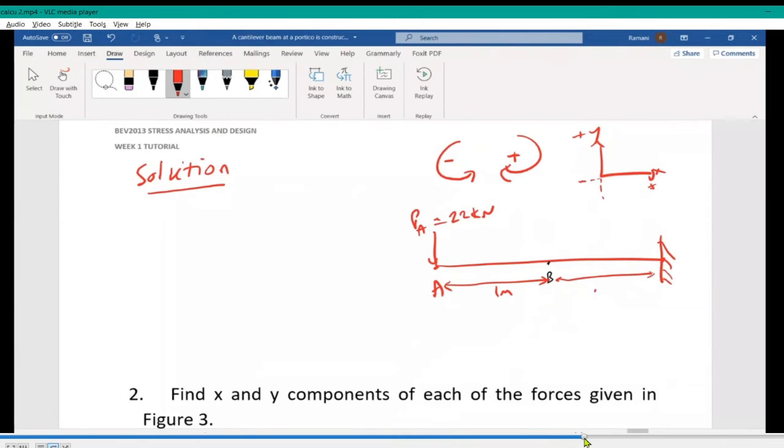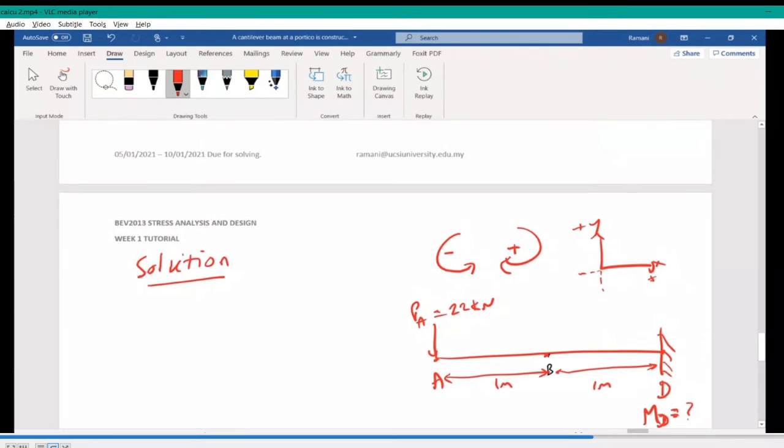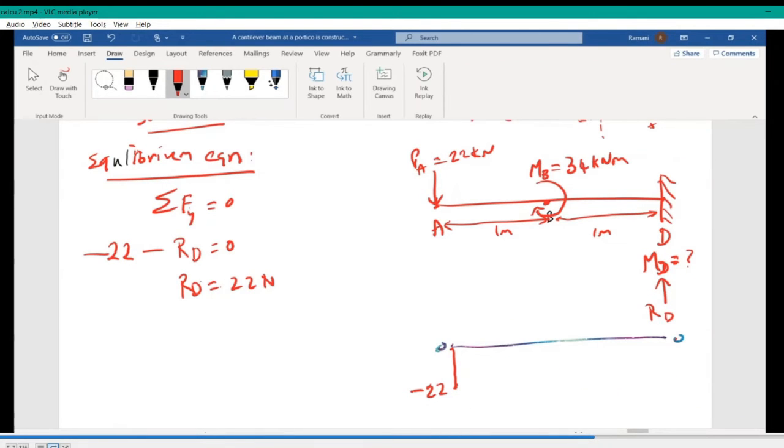This is also 1 meter, and the support is at D, and you are asked to find out the value of D with this loading and moment conditions of this member. The moment, anti-clockwise or clockwise, remains the same because there is no loading changing here. So I just assume.